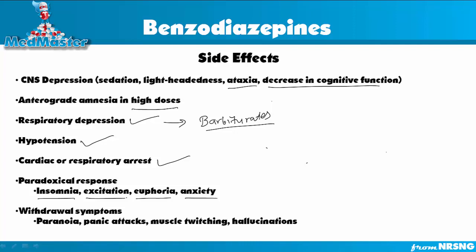And you want to teach the patient about that too. Like, do not suddenly stop this medication, because it can cause a paradoxical response, and then they won't be able to sleep. They'll be anxious all the time, hyperactive, and so forth. And sometimes this medication can cause withdrawal symptoms as well: paranoia, panic attacks, muscle twitching, and hallucination.